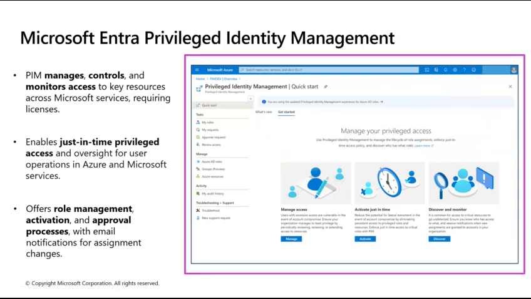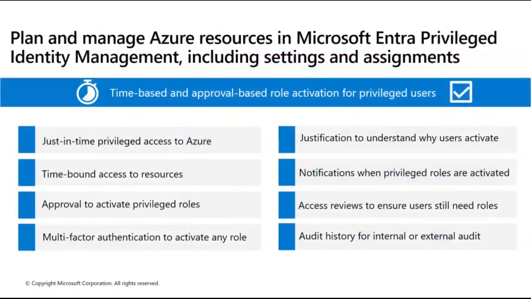And the next topic we have is how to plan and manage Azure resources in Microsoft Entra Privileged Identity Management, including settings and assignments. You have time-based and approval-based role activation for privileged users. So it gives you just-in-time privileged access to Azure, with time-bound access to resources.